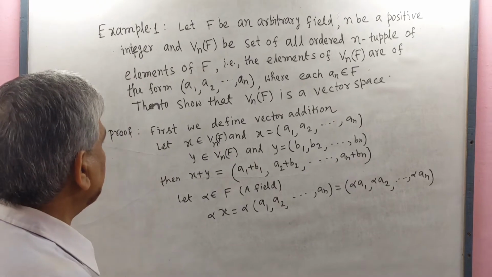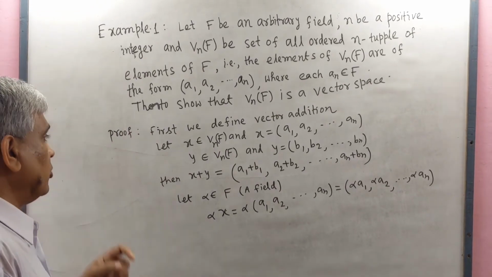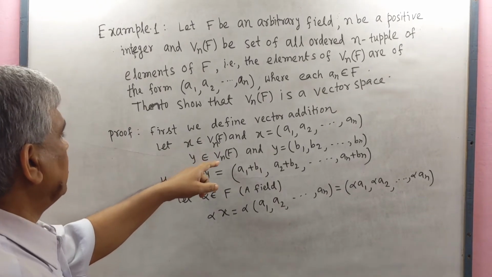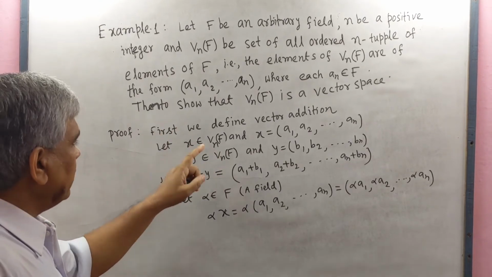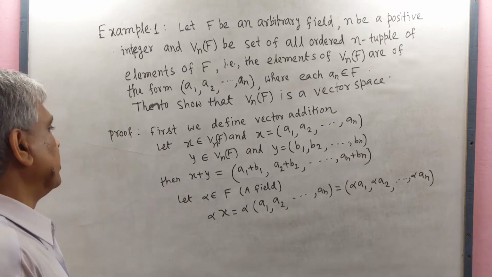Now we have to show that V_n(F) with addition is an abelian group.